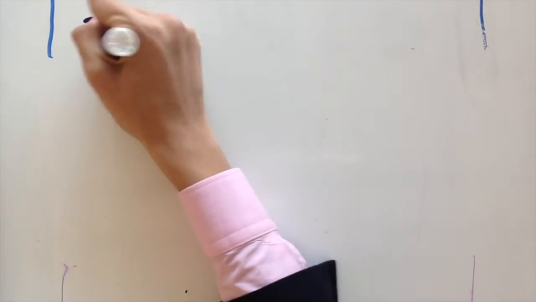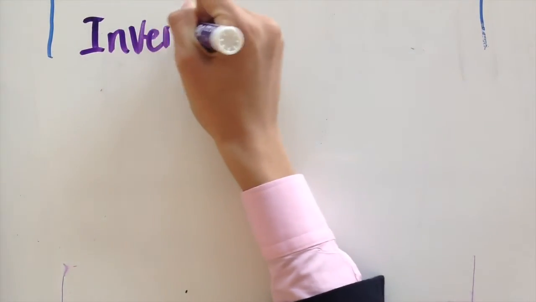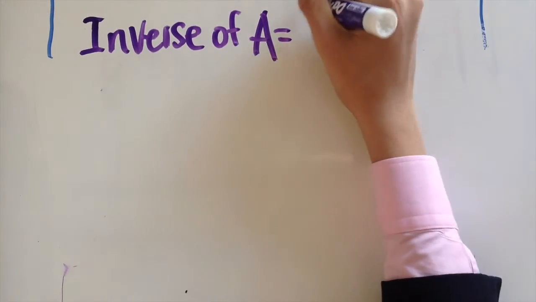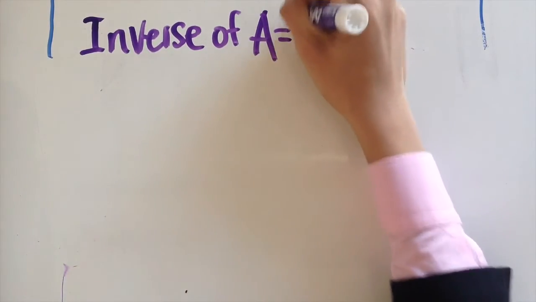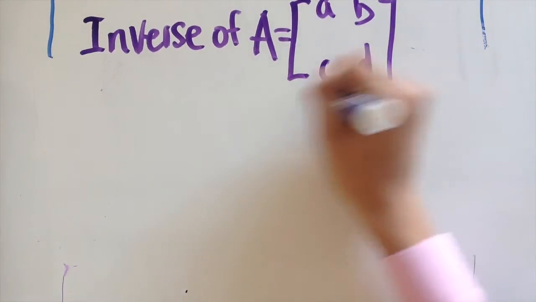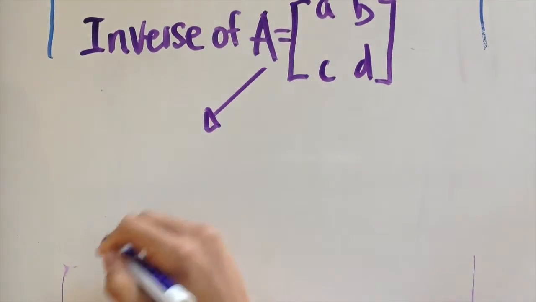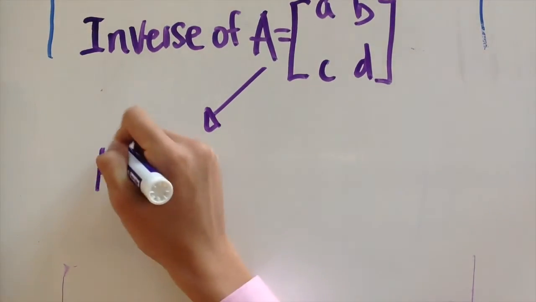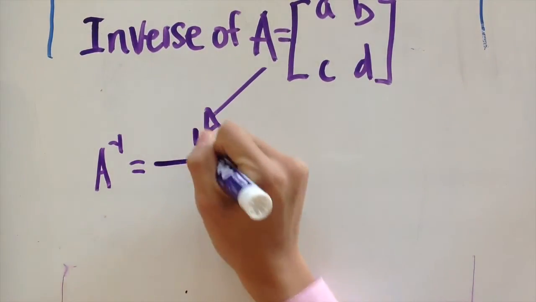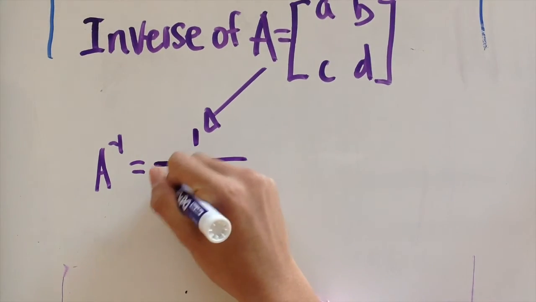To find the inverse of a matrix A, which is defined as A, B, C, and D, you have to follow these steps. First, find the determinant of the matrix, which is AD minus BC. Then you have to divide 1 over the determinant, because an inverse is a reciprocal.